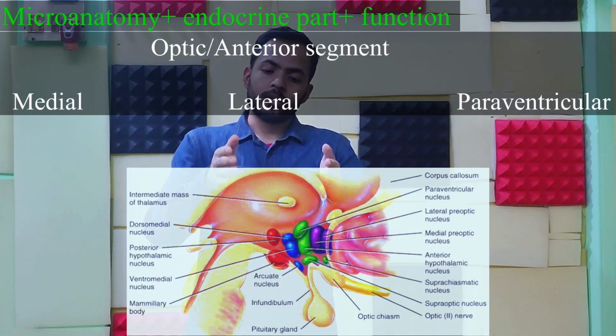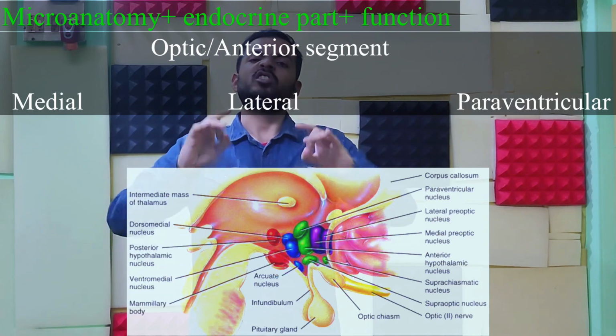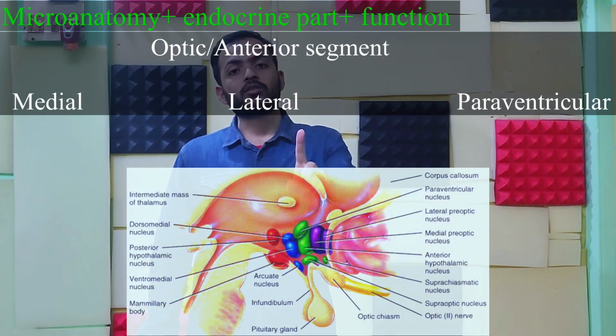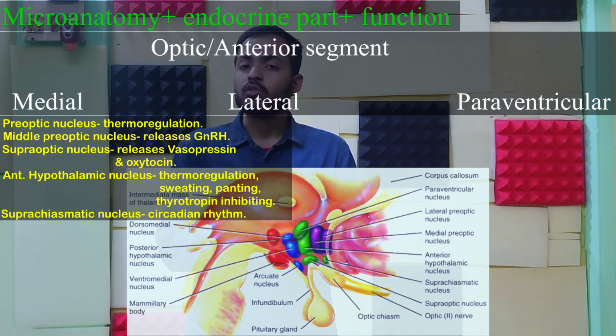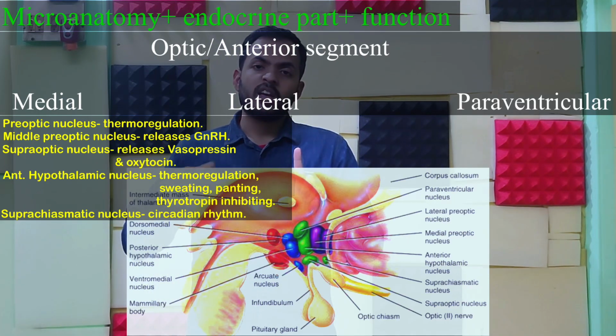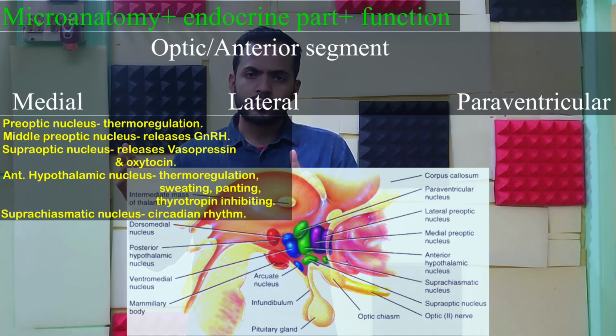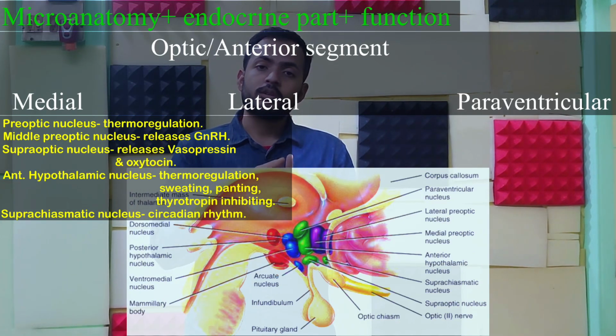Now in the medial part you will get under the microscope lots and lots of nuclei. Among them, first of all you will get the preoptic nucleus. This preoptic nucleus controls our body temperature, in cold, in heat, different kinds of situations. Second, you will get the middle preoptic nucleus.